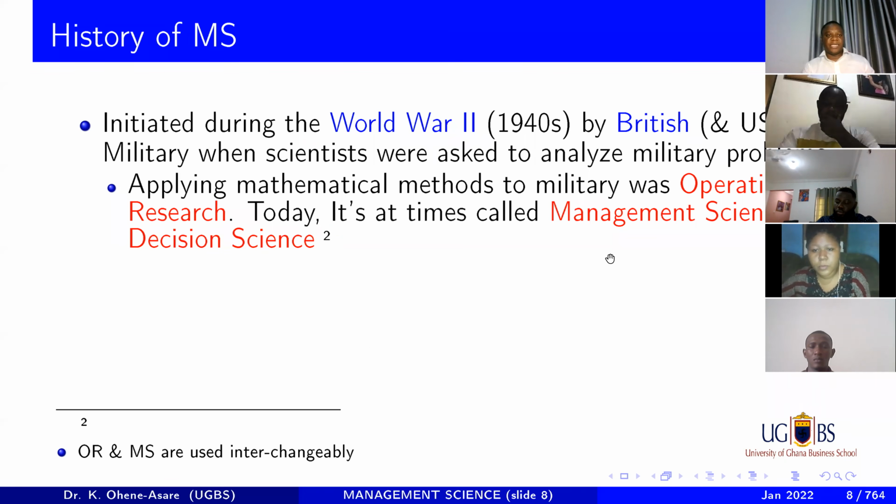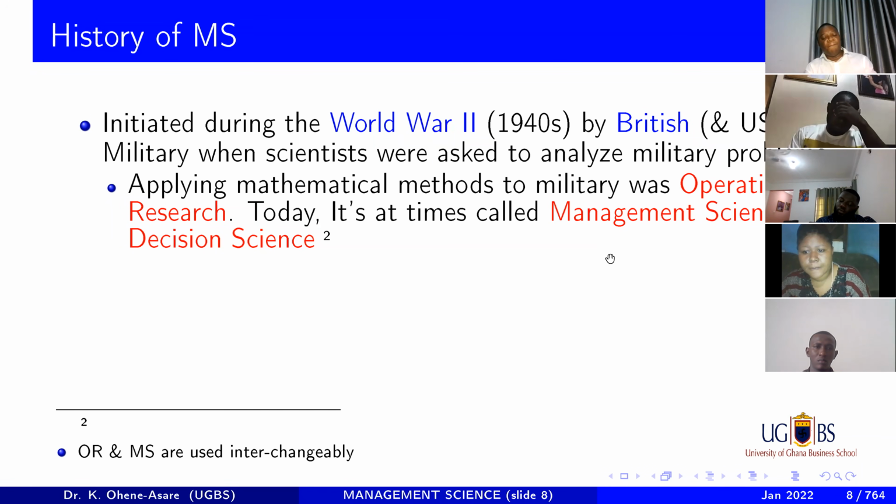And the last time we indicated that management science was born out of operational research, or operations research. It was started in the Second World War, where the British and Americans military devised strategic means to win the war. They set up strategic moves, strategic models to win the war.